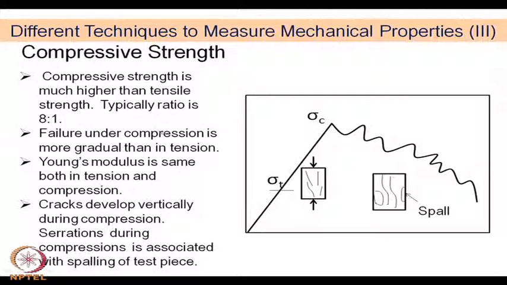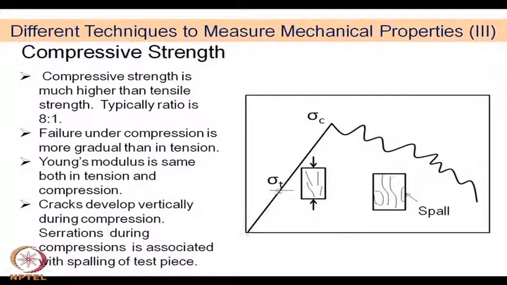Compressive strength is much higher than the tensile strength, that is always true for any ceramic material. Typically, the ratio is 8:1. So, if 1 is the tensile strength, compressive strength is nearly 8 times that of the tensile load.